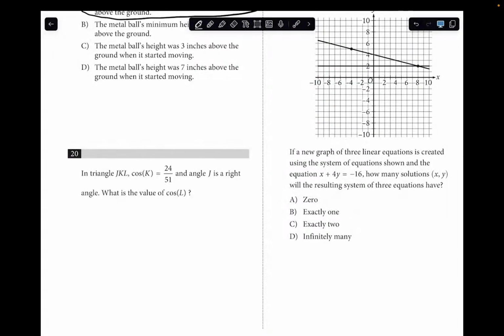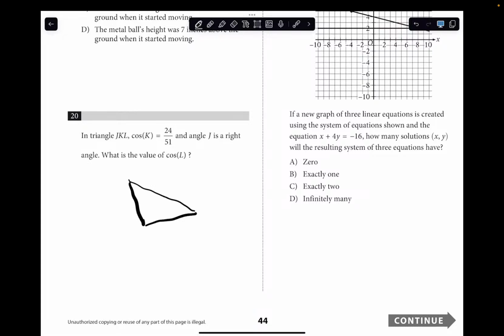In triangle JKL, cosine K equals 24 over 51, and angle J is a right angle. What is the value of cosine of L? So J, K, L. What are the 3 values?